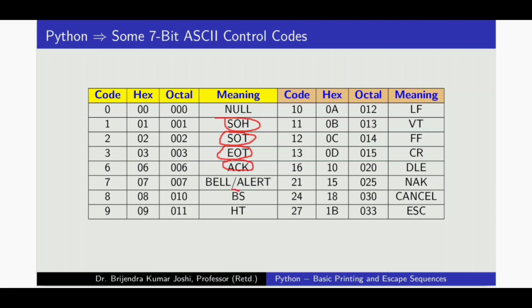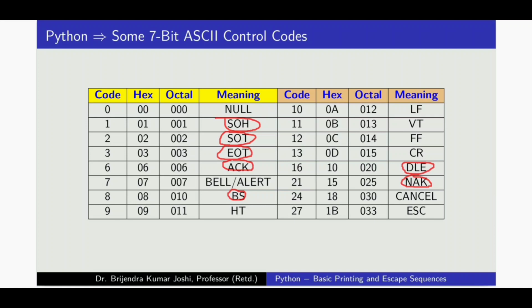This is the backspace. Then data link escape, negative acknowledgement. These are the control codes which are normally used on communication channels, normally towards the lower end of the 7-layer computer communication OSI model. So we are not interested in these codes.